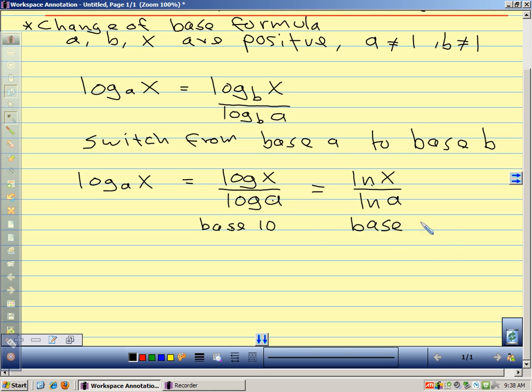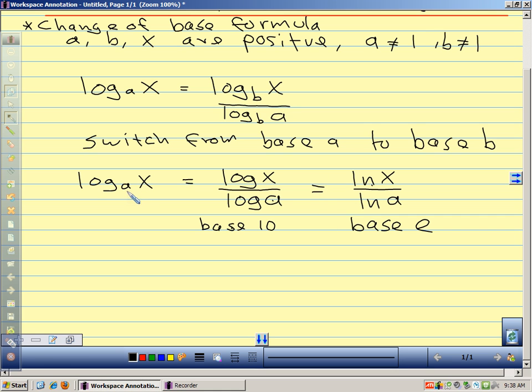And remember, our natural log is base e. When we don't write a base, we understand that that's log base 10. That's our common logarithm. So this will let us switch from any base to a base that we can calculate in our calculator, or to any other base that we're interested in.